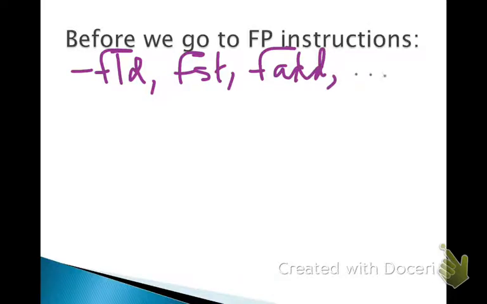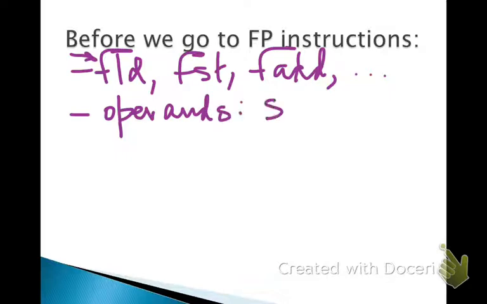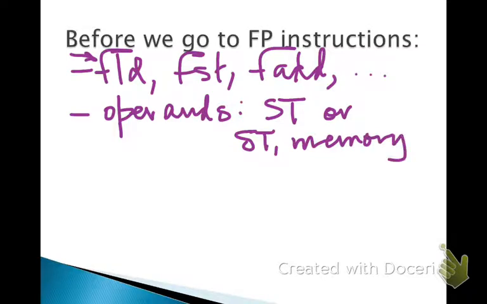So all of the floating point instructions will begin with an F. In addition, most floating point instructions have operands. Most of these instructions operate on the stack top or a combination of the stack top and values in memory. These could be floating point or integer values in memory.